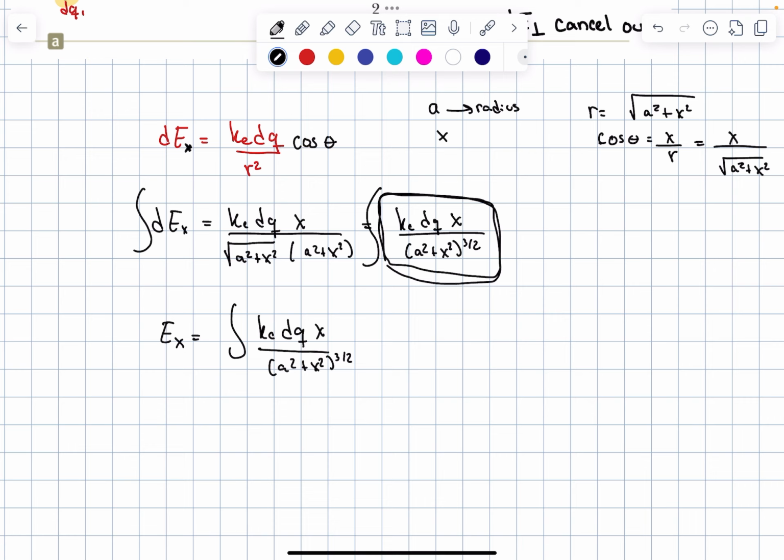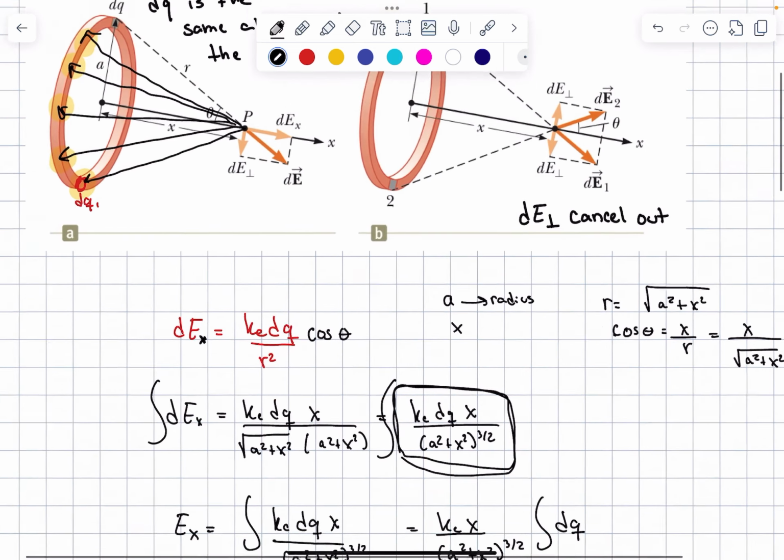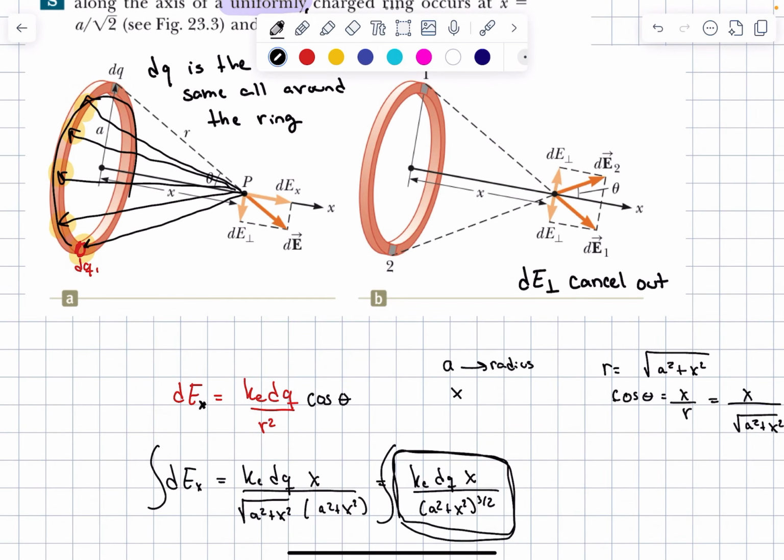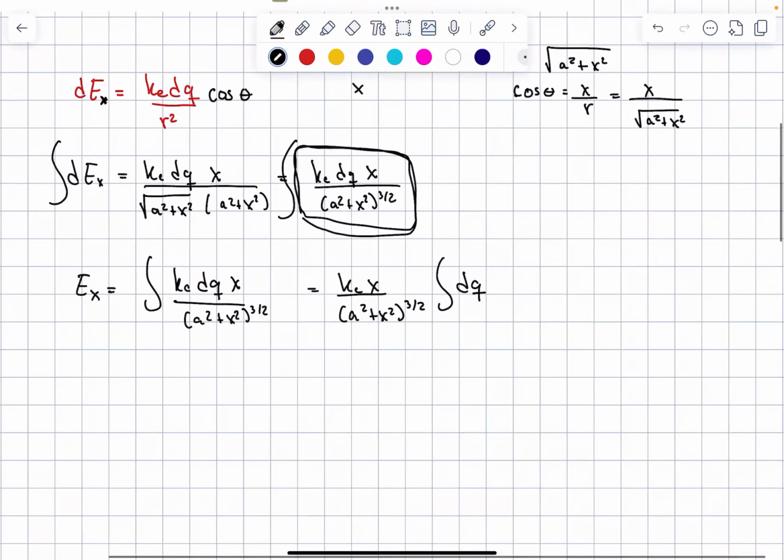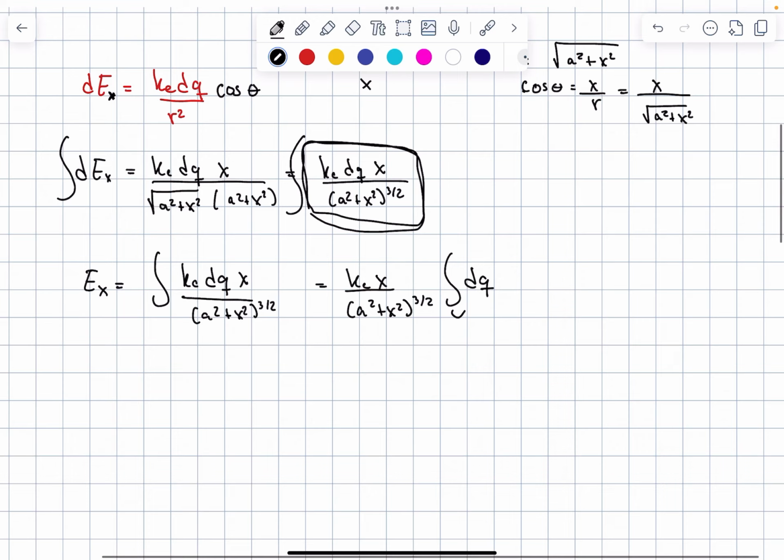Take all of the constants out, and then we have ke x over (a squared plus x squared) to the 3/2 times the integral of dq. Now we're integrating over this entire loop, so we're going from one angle and looping around, and really here we're just adding up all the different dq's, and that's going to give us capital Q, which is the total charge.